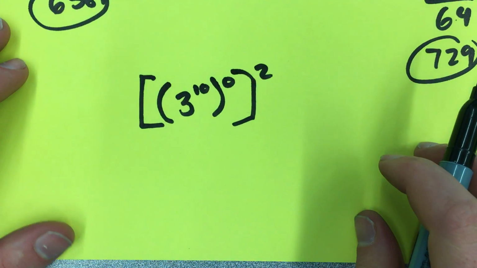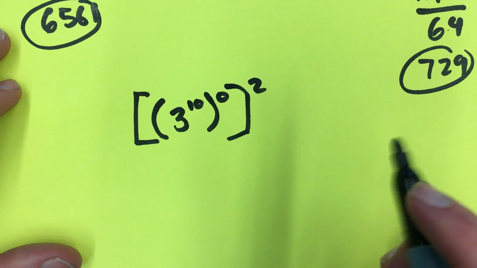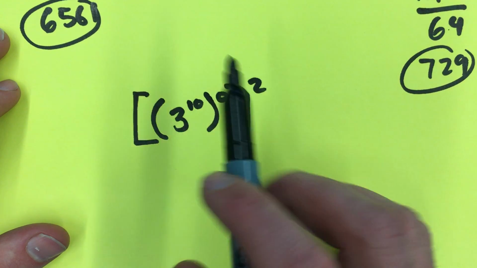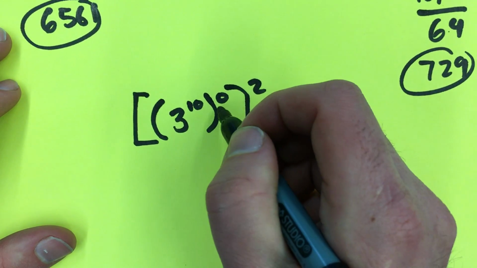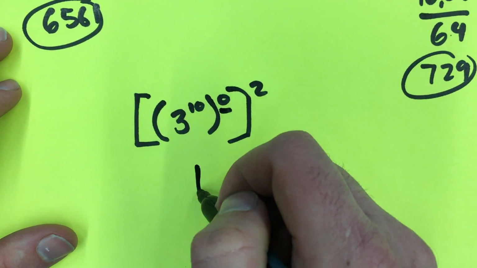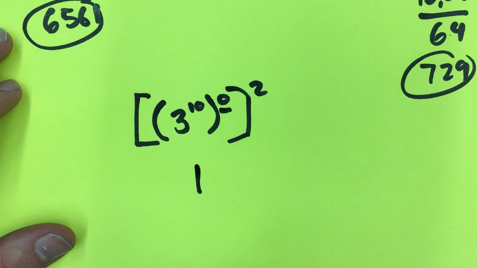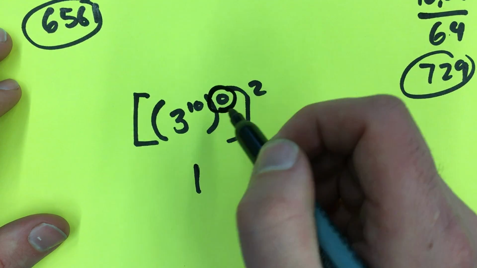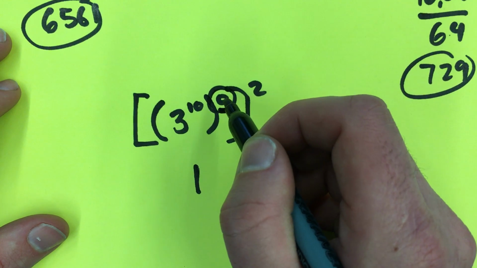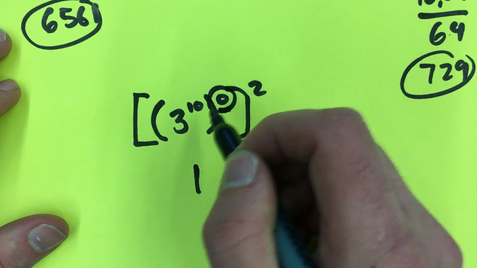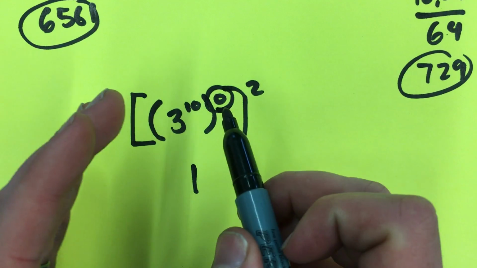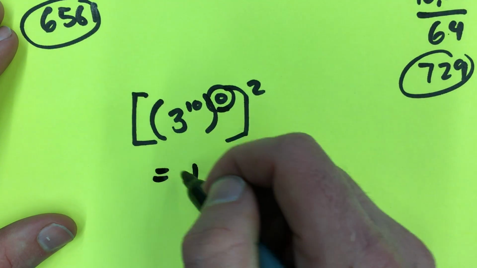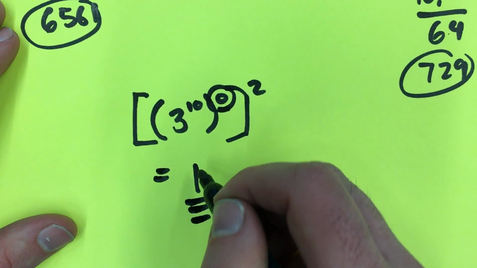But this one's kind of a tricky question because we know any base or anything raised to the power of 0 will equal 1. So with a question like this, they really want to know, do you understand that if you see a 0 in any part of a question or an expression, it will always equal 1.